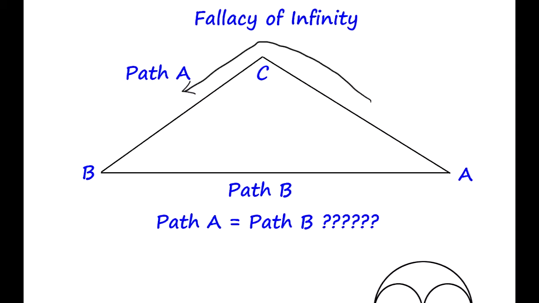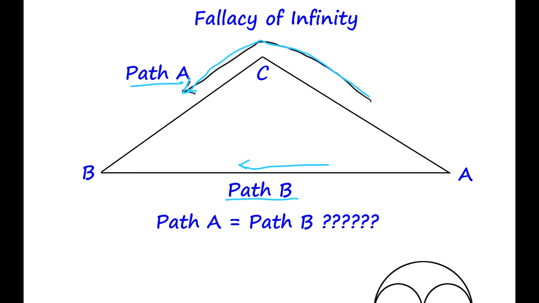It's obvious that A, C, B is a longer path than the direct path A, B. So we are going to go through this or this. Now we can prove that path A is the same as path B. How do we do that?